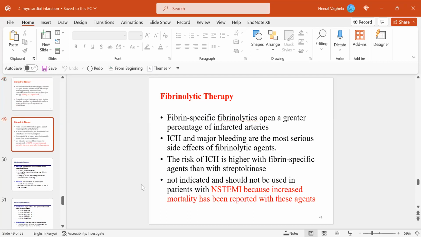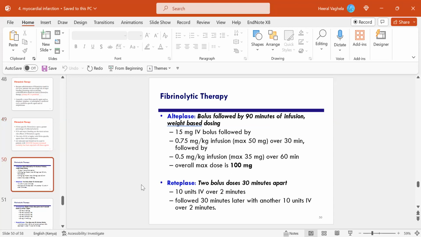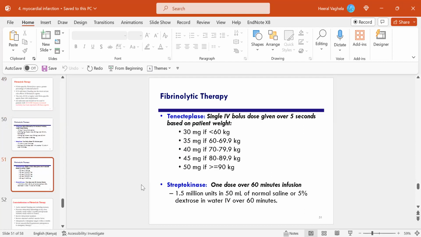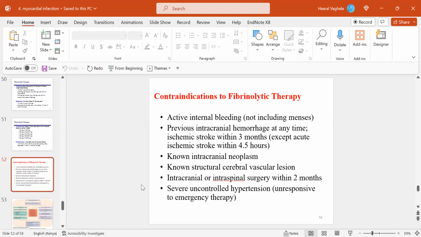Then, yeah, the fibrinolytic therapy. It's usually used in STEMI, but it's not indicated for NSTEMI. This includes alteplase, reteplase, and streptokinase.